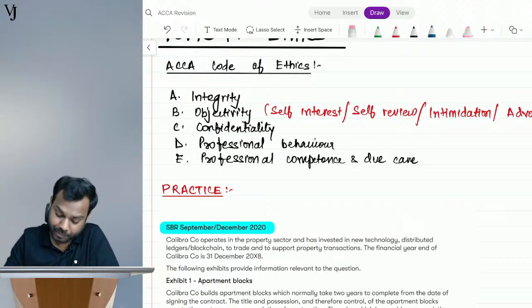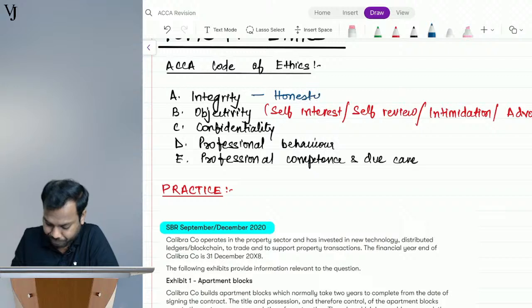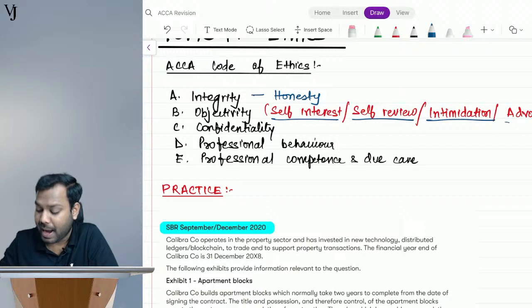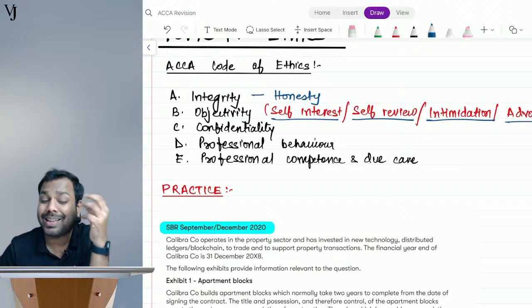Integrity means honesty. Objectivity means independence. The threats to independence or objectivity are self-interest, self-review, intimidation, and advocacy. Self-interest means when you have an interest in money.